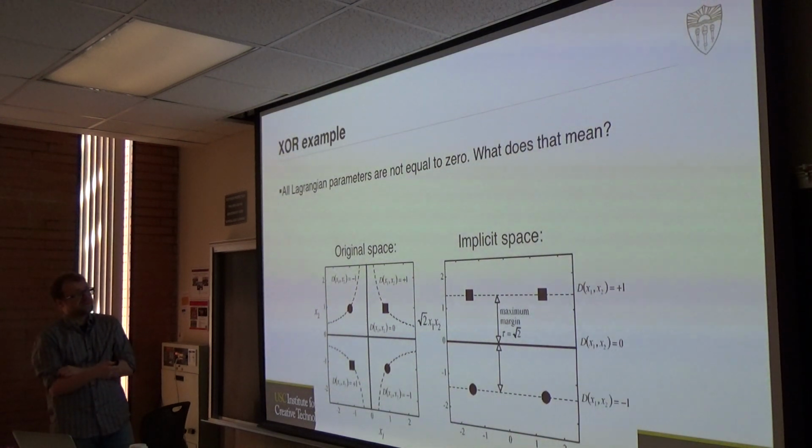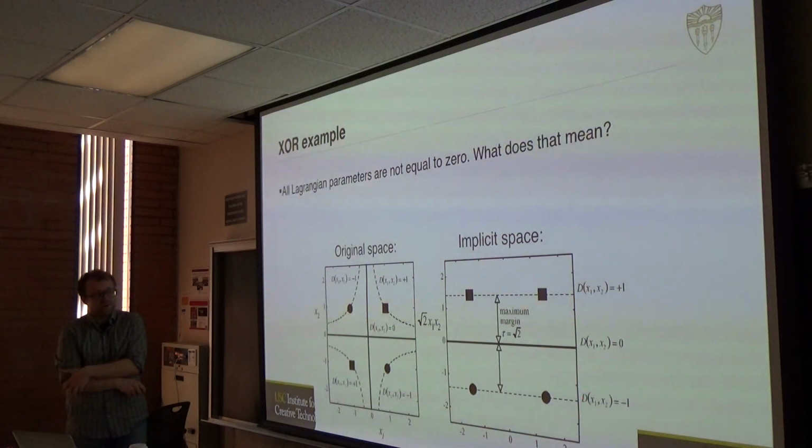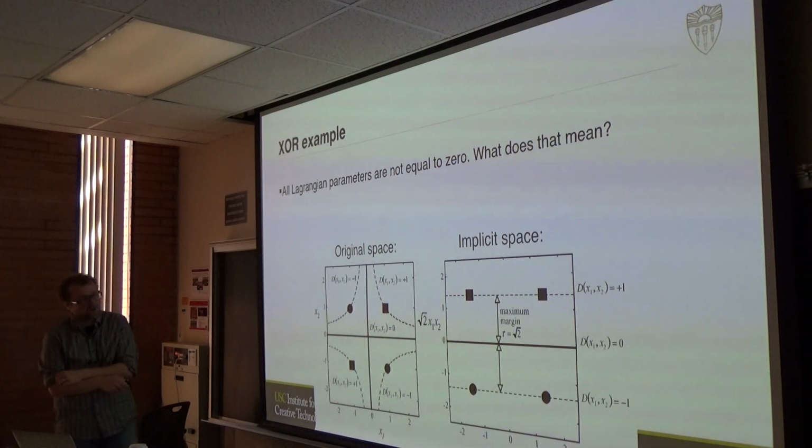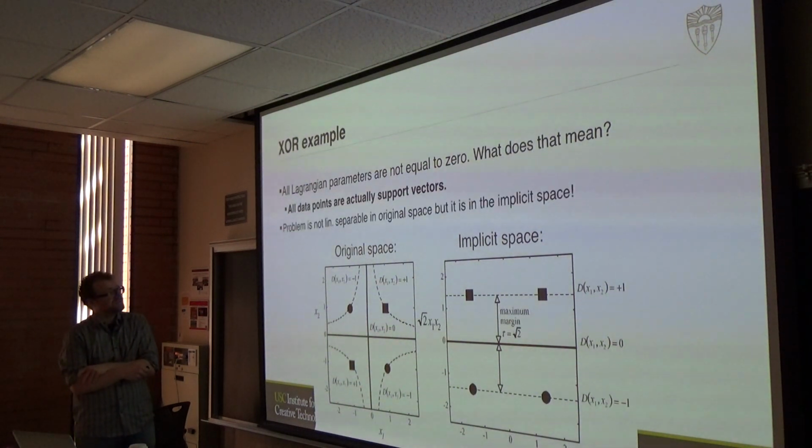All Lagrangian parameters are not equal to 0, so that means that all of them are on the margin. So all of our observations are on the margin in this problem, and they're all actually support vectors.